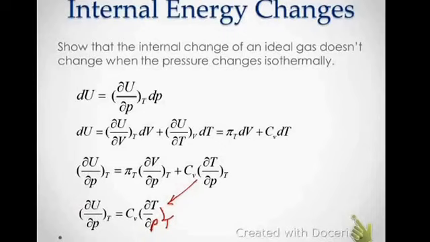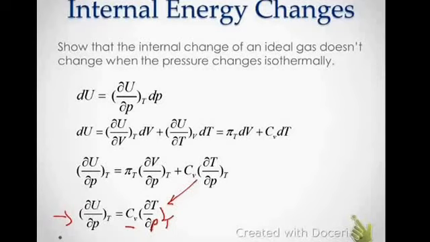So now we have this expression that dU/dP at constant T is equal to the constant volume heat capacity times this derivative of temperature with respect to pressure at constant T. Now let's take a look at that and think about it. What is dT/dP at constant T equal to?